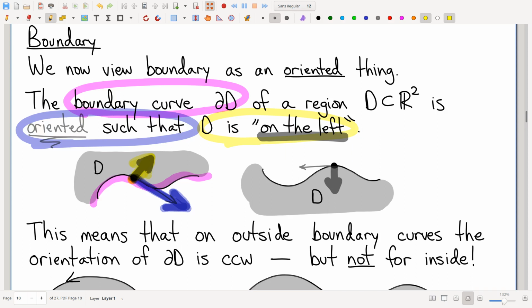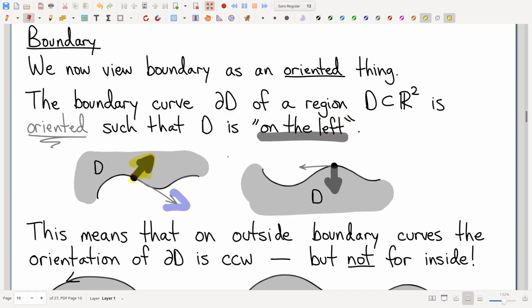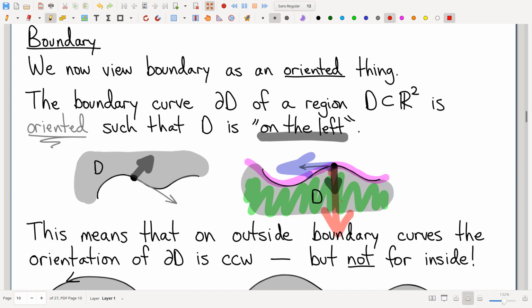All right. Now notice, while that has me going this direction on what you might call the underside there, notice then if everything is sort of turned around, if I have a region like this, and if I'm looking at the portion of the boundary along the top, then notice I have to go this way in order to have the region on my left.